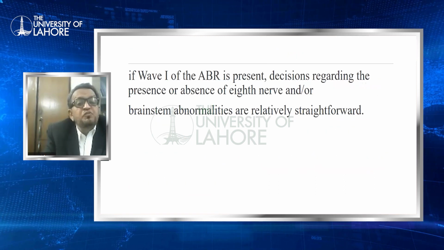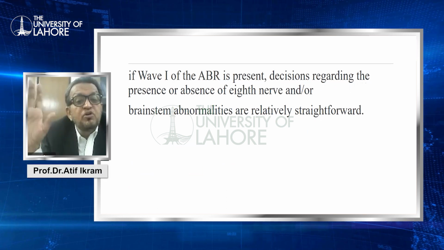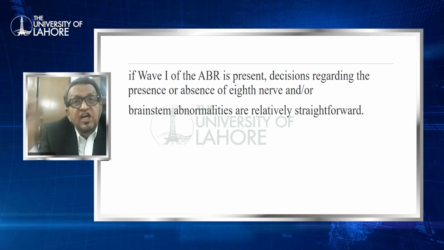If wave 1 of the ABR is present, decisions regarding the presence or absence of eighth nerve and of brainstem abnormality are relatively straightforward. If wave 1 is present, the eighth nerve is present.